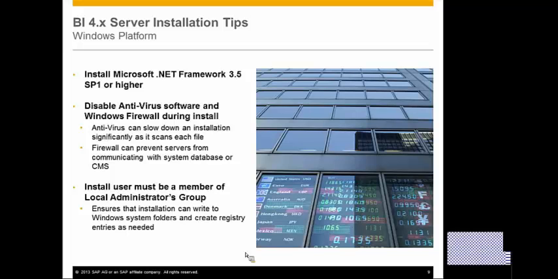In cases where the user that's doing the install is not a member of the local admin group, it's sometimes possible that the installation may go through successfully, but you may start to see unexpected results when you actually attempt to use the software after the fact. So just avoid the headache and follow these steps. Disable the antivirus software, and use the local administrator user ID to do the installation of the BI4 product.